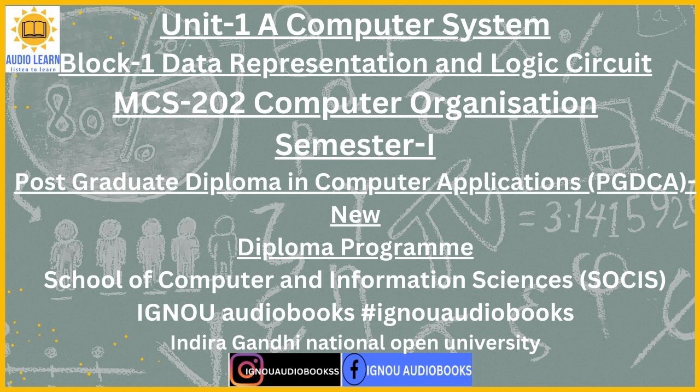An improved ENIAC model was called the Electronic Discrete Variable Automatic Computer, EDVAC, which was completed in 1952. Meanwhile, the specialists at the Institute for Advanced Study, IAS, in Princeton assembled, in 1946, an IAS machine, which was multiple times quicker than ENIAC. A similar project was started in 1946 at Cambridge University.